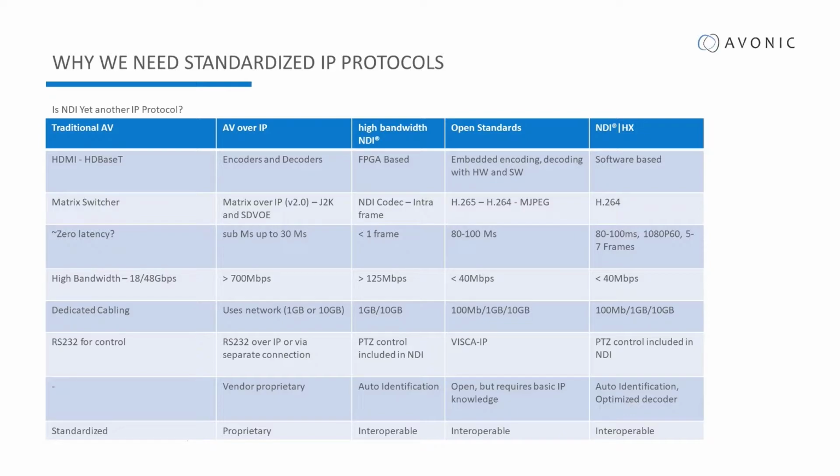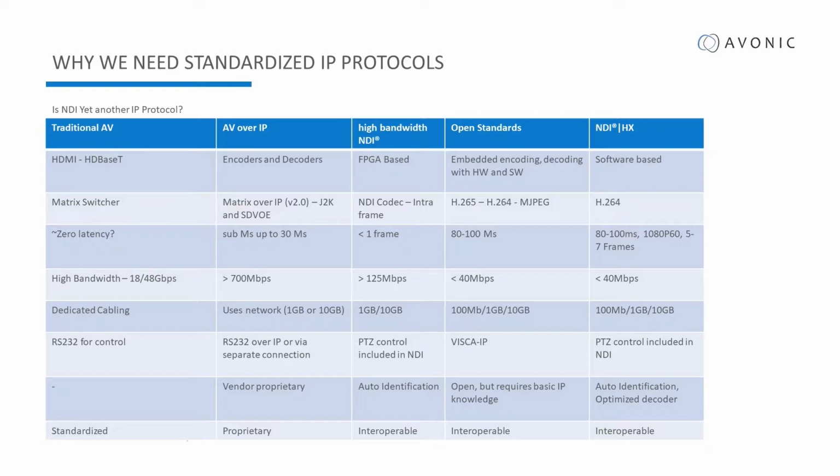They focus on zero latency, basically only the latency that you would get from normal HDMI cables, and they use a very high bandwidth inside those HDMI cables. So also on the backbone and backplane of these devices, there's a very high throughput. It's typically done with dedicated cabling, which basically means you would have HDMI cabling and separate control cables and separate power cables.